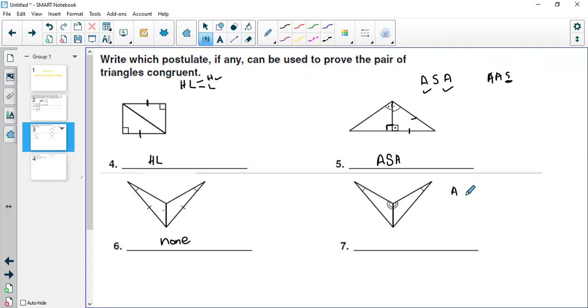We have two angles, and this is the non-included side, because included side means the one which joins both the angles. The one which doesn't join the angle is called the non-included side. So we could say it is AAS. That's all. You just need to separate the triangles and think a bit. You can get the postulate or theorem, whichever they're asking for.